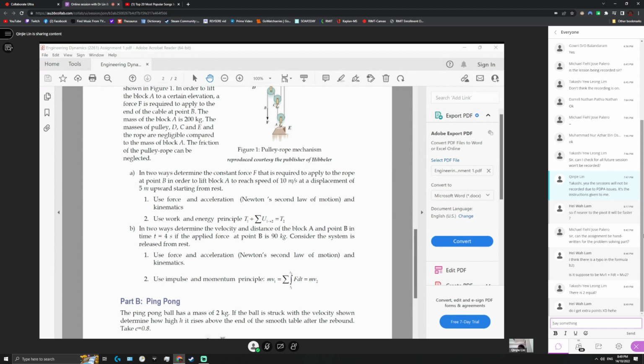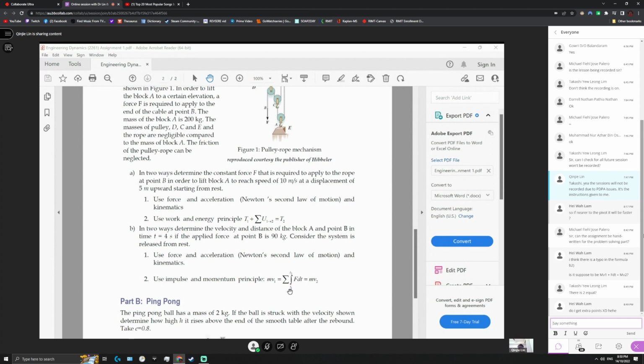Do I get extra points? I'm sure you will do it well, so you will get points there already, because you spot this kind of thing. Basically, why is it like that? The initial momentum plus whatever impulse is added to it will be equal to the final momentum.